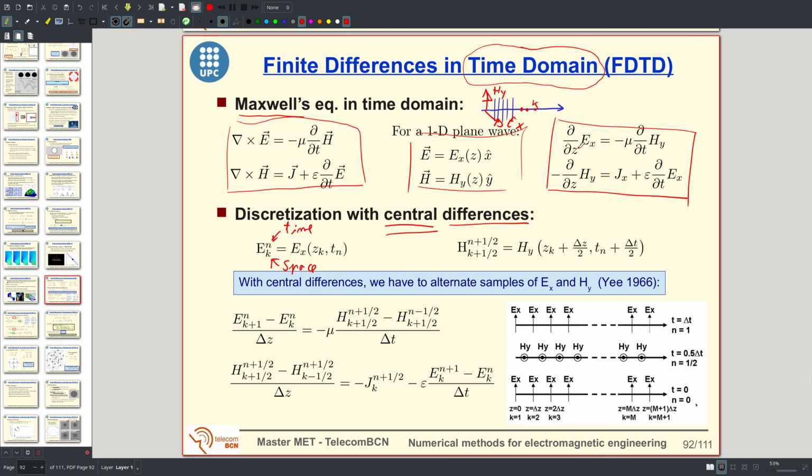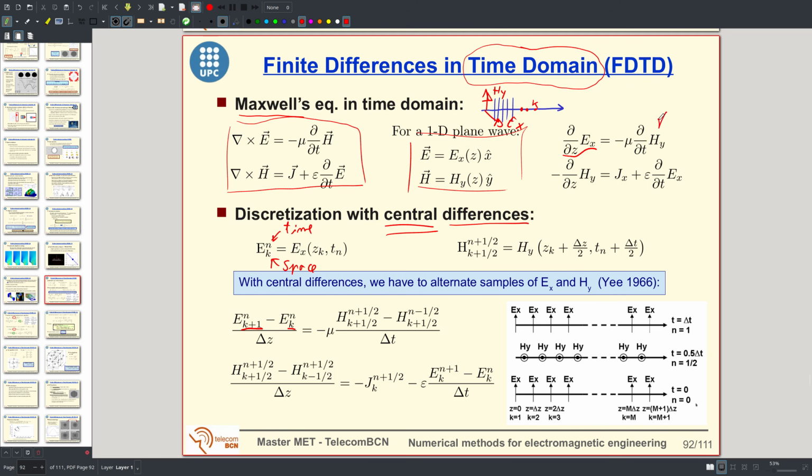Well, we have the derivative of the electric field with respect to the z coordinate, and this means that using central differences we have to subtract the sample at the right minus the sample at the left. So we subtract the sample at point in space k plus 1 minus the sample at point k, and what we get is the derivative at the center of k plus 1 and k, at position k plus 1/2.